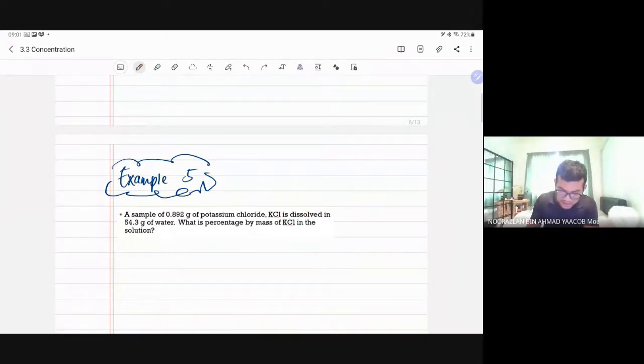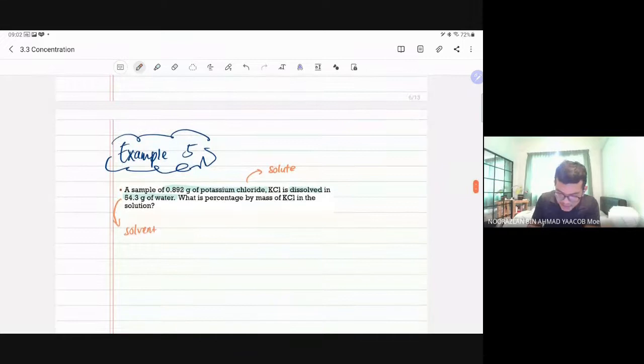So now kita tengok, kita diberikan ini. Okay. Dia bagi tahu potassium chloride dissolved. Bermaksud ini adalah solid. Kemudian dia bagi tahu dia larutkan di dalam 54.3 grams of water. So ini adalah solvent. Nak kira percentage by mass.